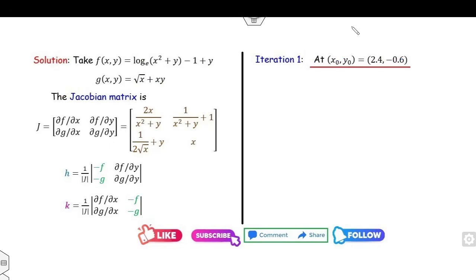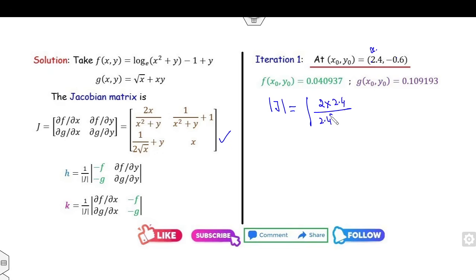Fine. I can start with this case. You can find the value of the f. You can find the value of the g at the point of 2.4 and minus 0.6. Compute the determinant of the matrix J after substituting the value x naught and y naught. So it will be 2 times 2.4 divided by 2.4 square plus 0.6 square.